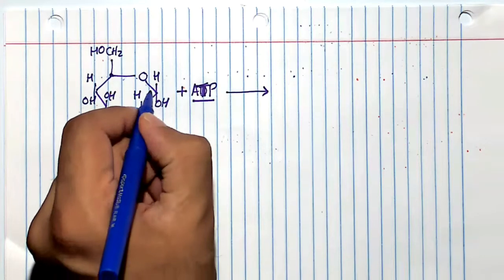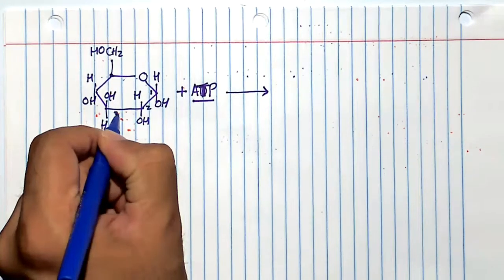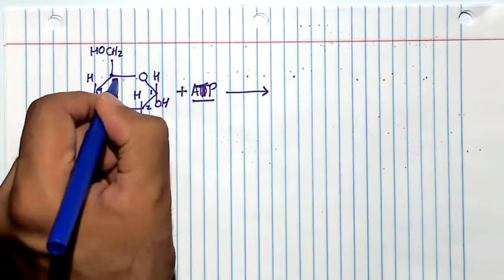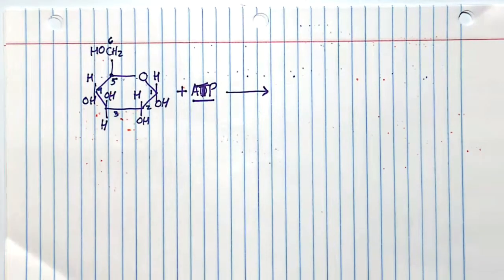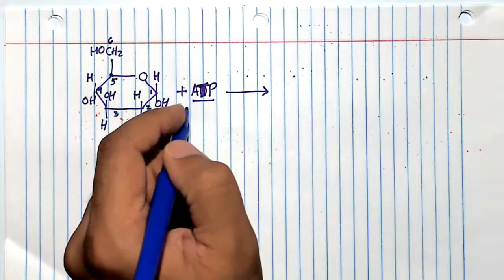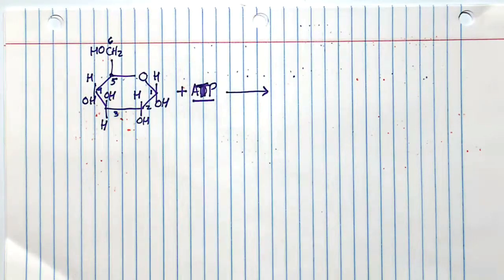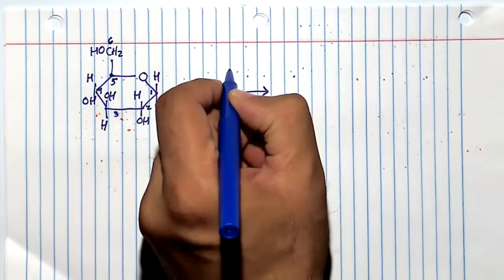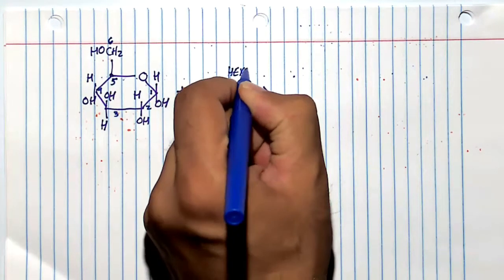So if I were to number these carbons 1, 2, 3, 4, 5, and 6, the number 6 carbon gets phosphorylated, and that donor is an ATP molecule. So enzymes that phosphorylate are called kinases. This particular enzyme is called hexokinase.